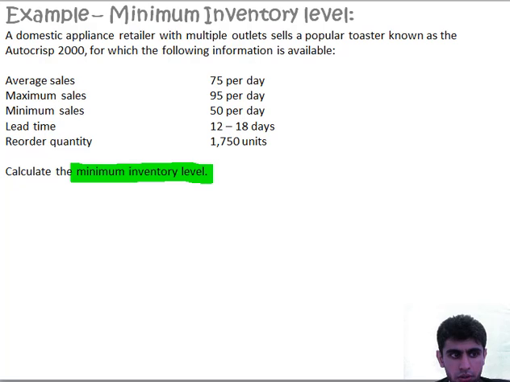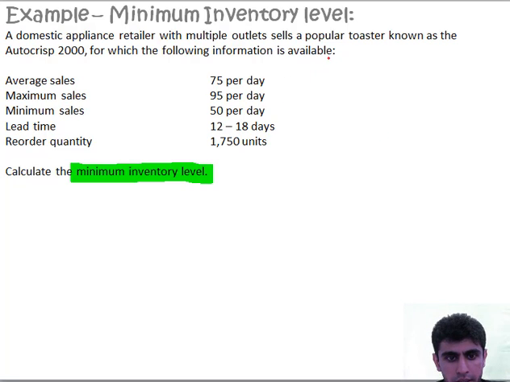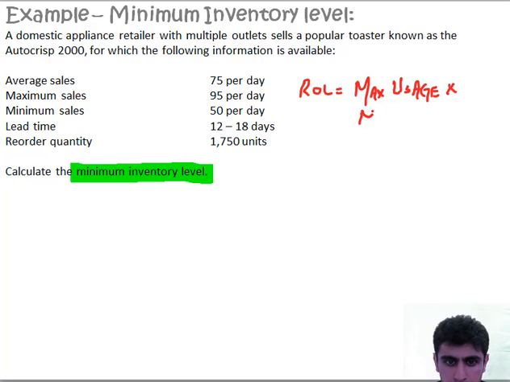Okay, so if you remember from our previous video, the reorder level was calculated using the formula maximum usage times maximum lead time, right?